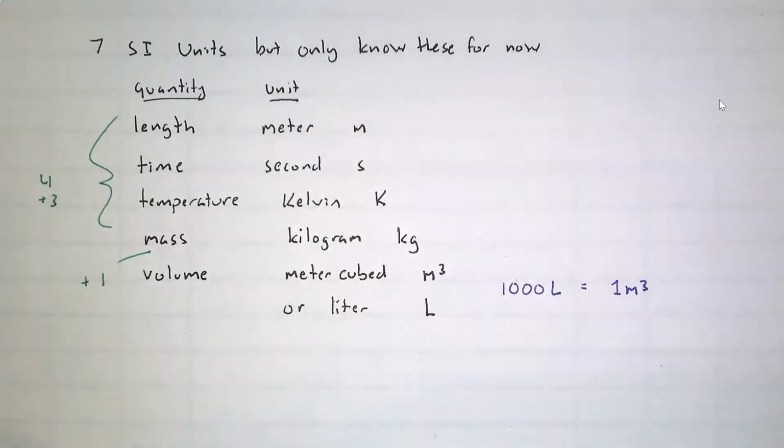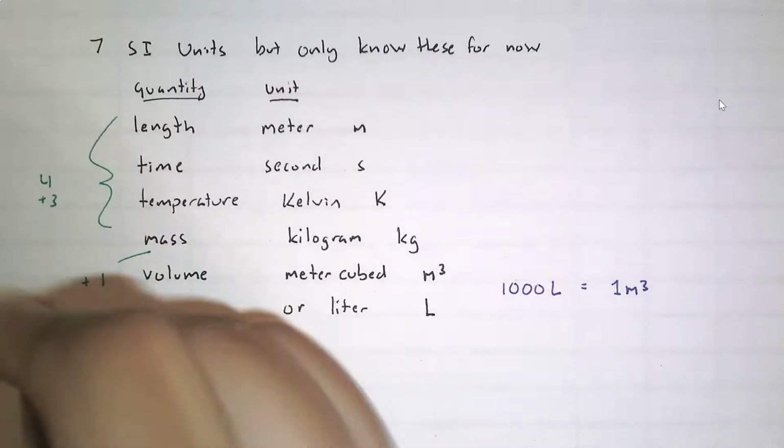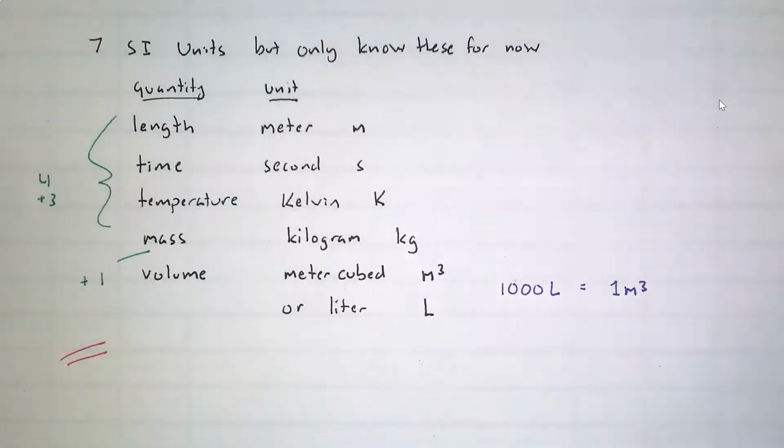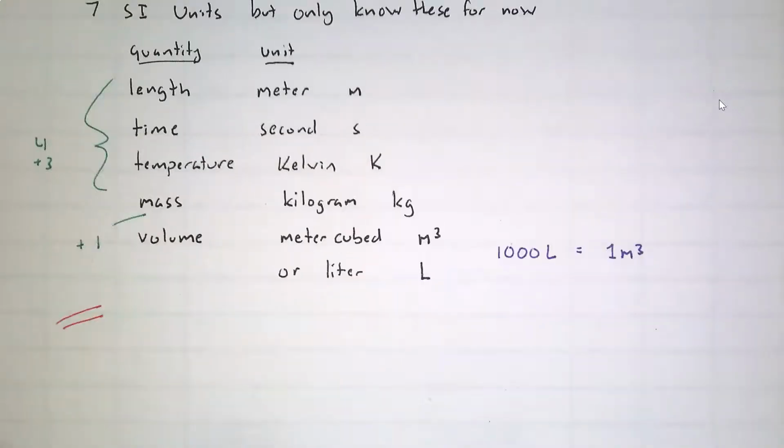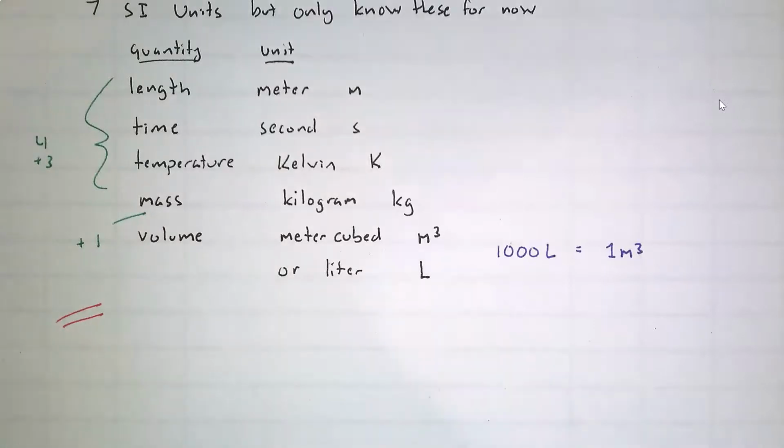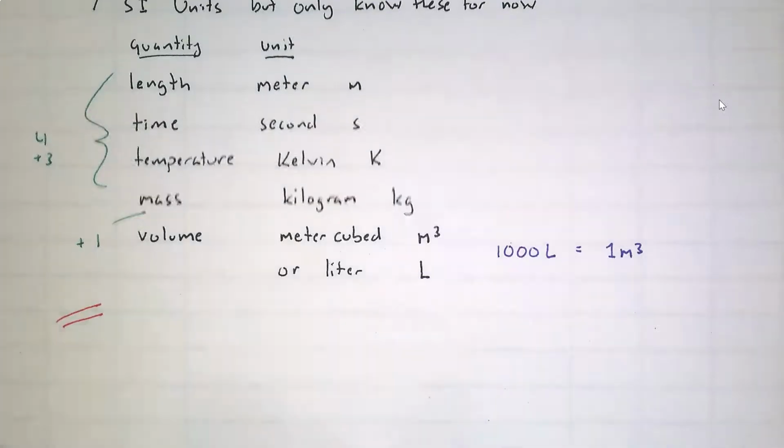Something that we all are familiar with is the centimeter. So we're going to take the base unit, in this case meters, and we're going to figure out what length is a tenth of a meter, is a hundredth of a meter, is a thousandth of a meter.